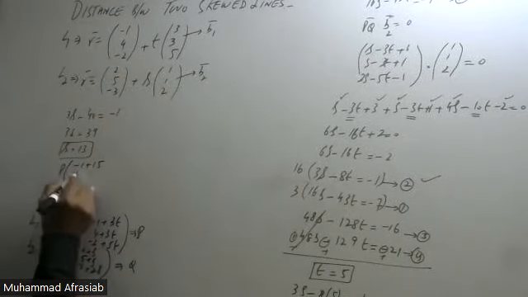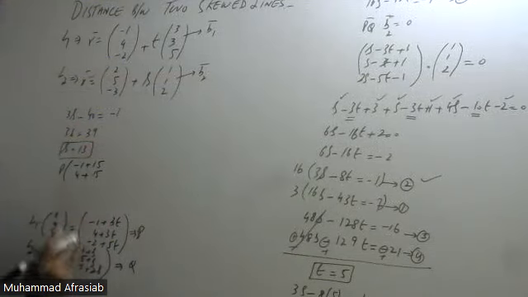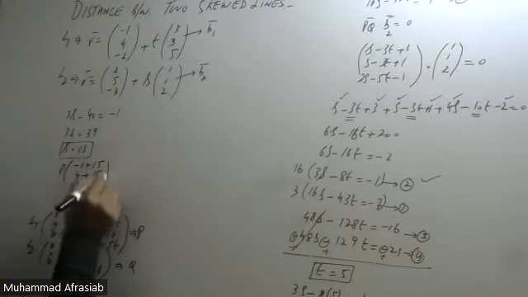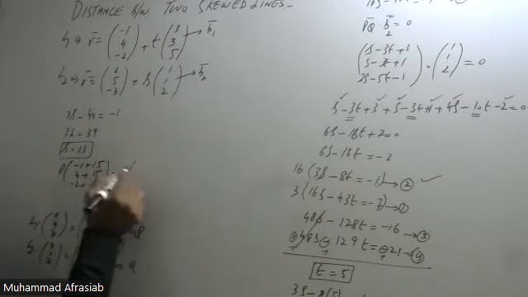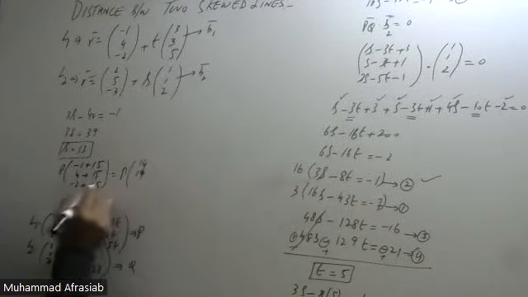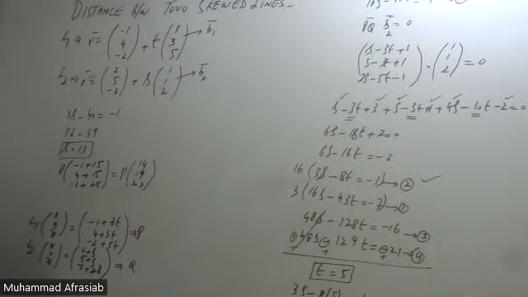Then 4 plus 3t, 3 fives are 15. And this minus 2 plus 5t, so 5 fives are 25. So the value of P there is equal to 14, 19 and 23. So these are the coordinates of P.